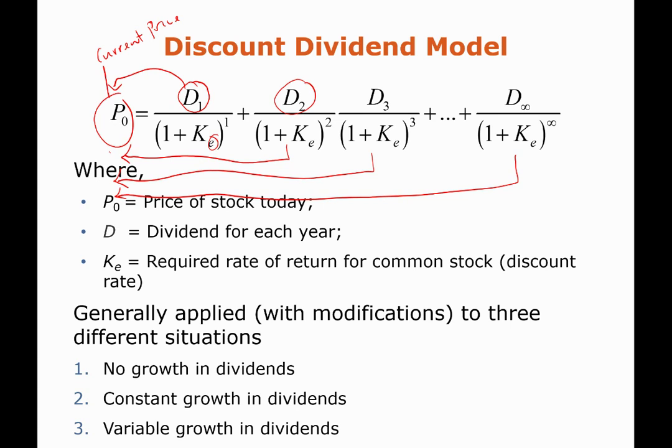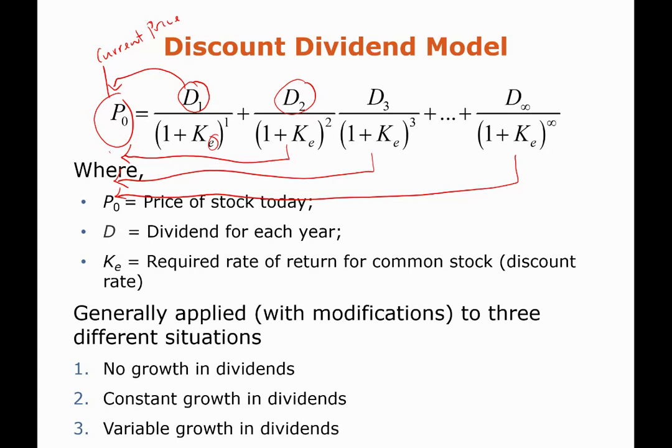That's what I'm saying, that the concept of time value of money becomes a key for us here when it comes to determining the value of a stock. But we're going to see later on that we're going to make some modifications to this formula going forward, depending again on the nature of the dividends. Keeping in mind, the P naught represents the price of the stock today, and the D represents the dividend each year.